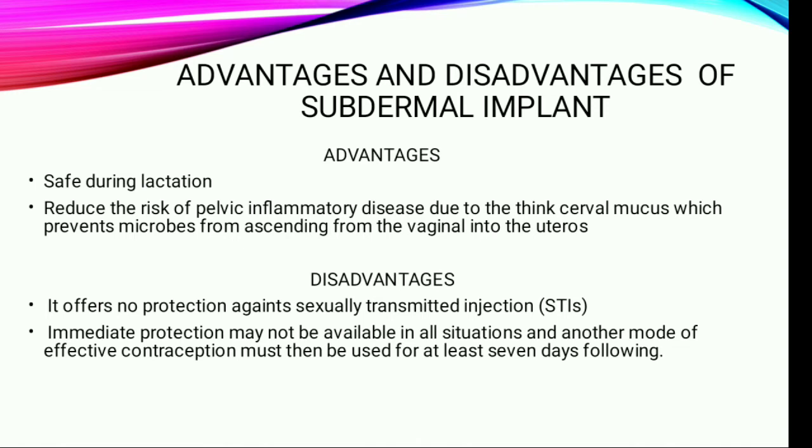The disadvantage is it offers no protection against sexually transmitted infections or STIs. Immediate protection may not be available in all situations, and another mode of effective contraception must then be used for at least 7 days following.